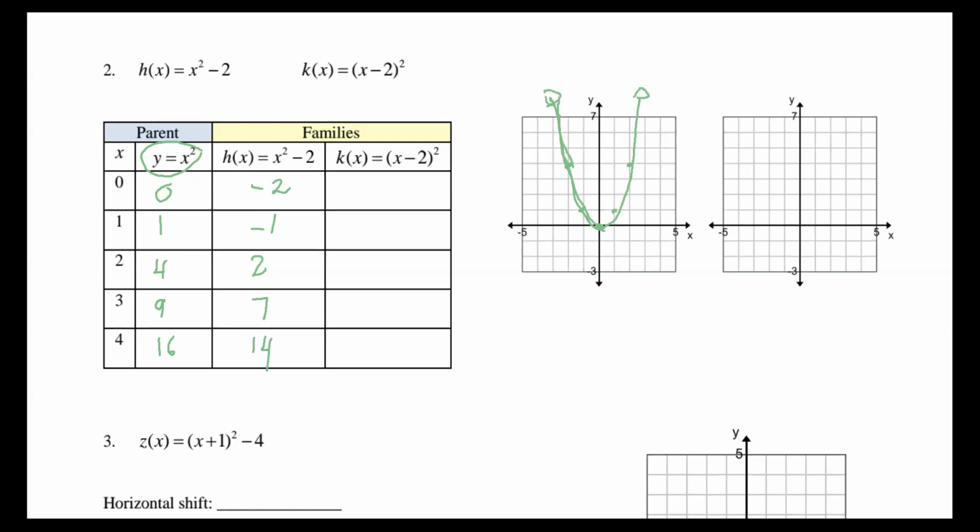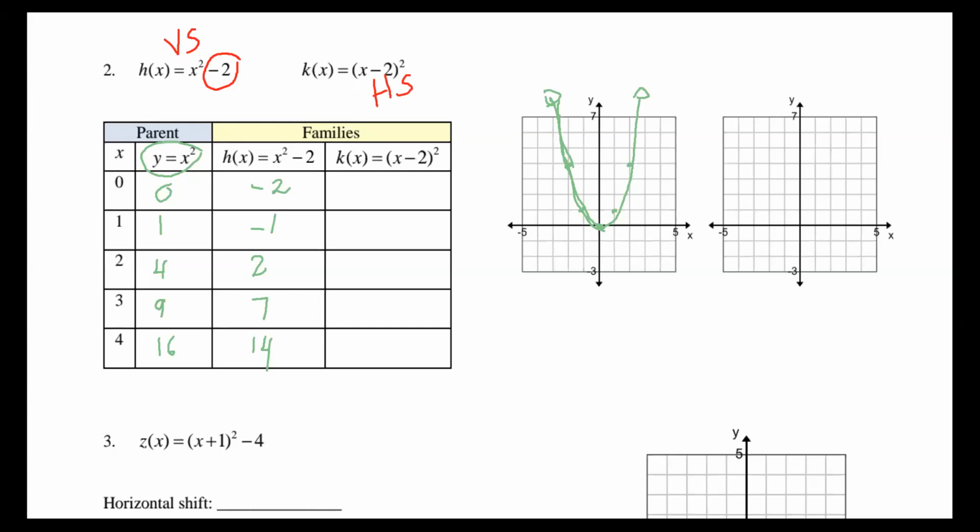So let's do the next one, negative 0, negative 2. Since negative 2 is added, this is the vertical shift, and this is the horizontal shift. Okay, so that means we have to pull the curve down.